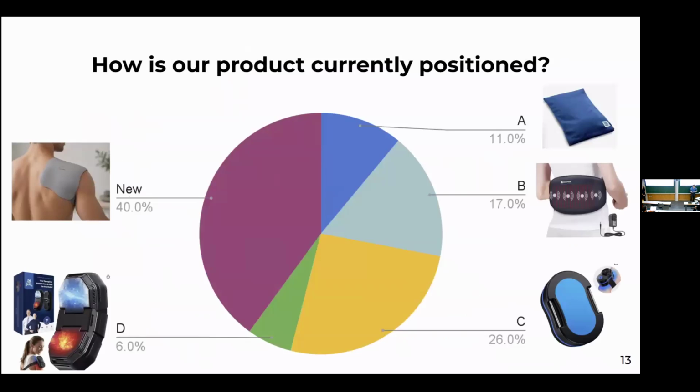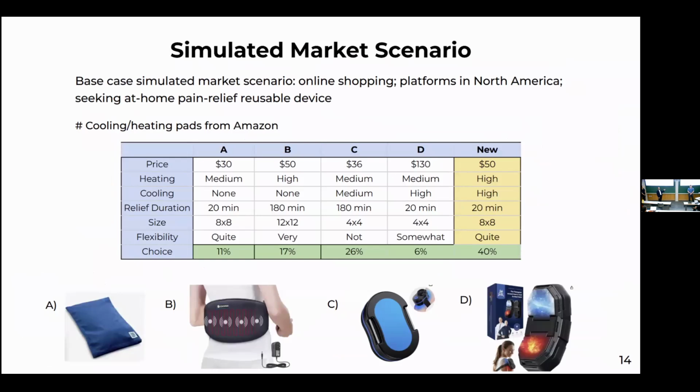After we ran the simulated market share scenario, we found that as compared to these other 4 products, our new product is taking a simulated 40%. If we move to the next one, we're going to see the different attributes that the compared products had. This one is just a non-electrical powered patch, just microwavable.